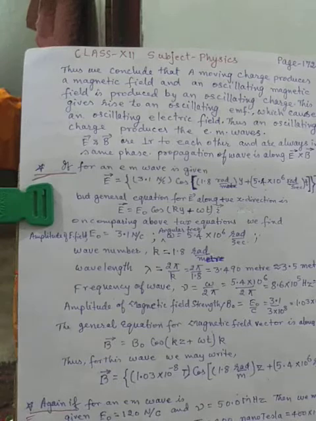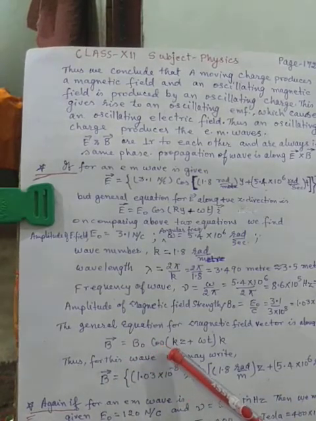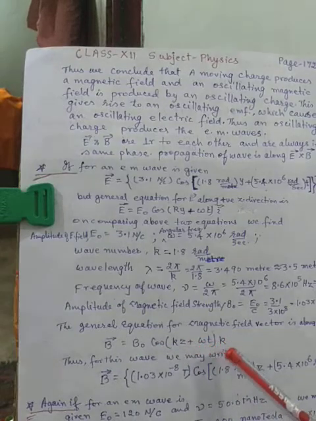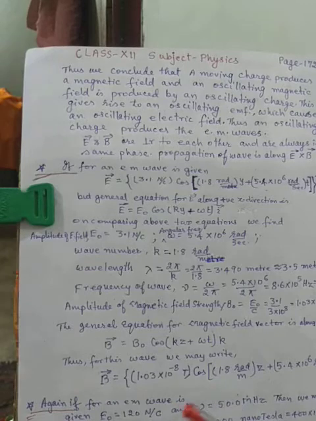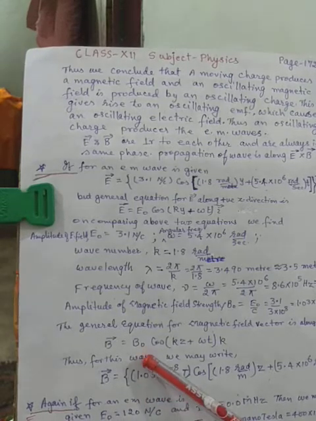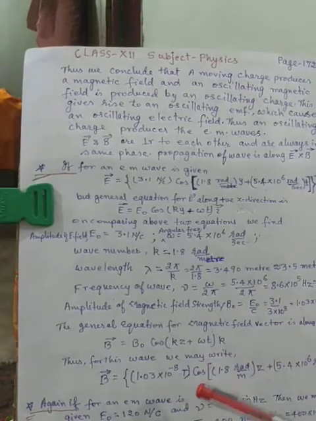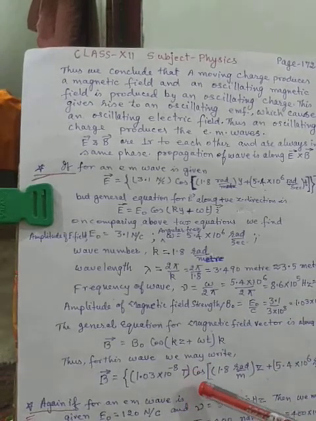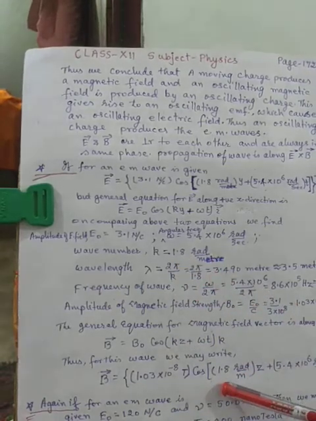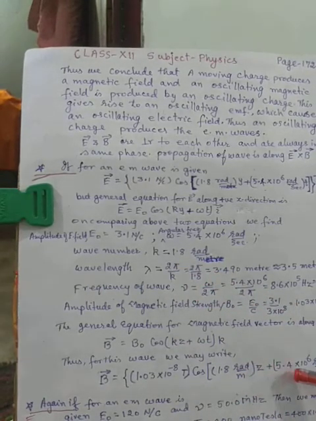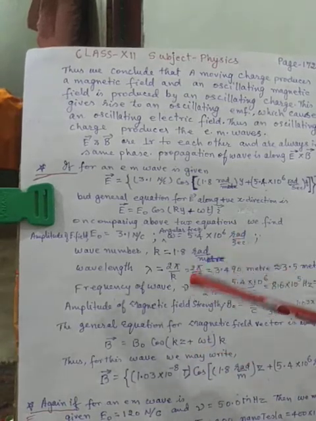So in general, the equation for magnetic field vector, say along the negative y-axis, will be given by B is equal to B0 cos (kx plus omega t) into k. Thus, in this way we may write the magnetic field vector. We know B0, we have already calculated above, and for k we have already got the value 1.8 radian per meter, and then we have the omega value already there.